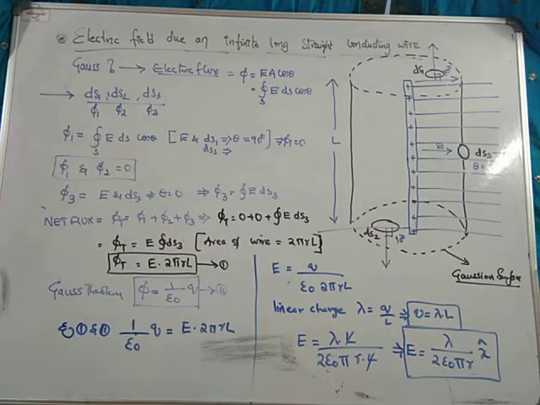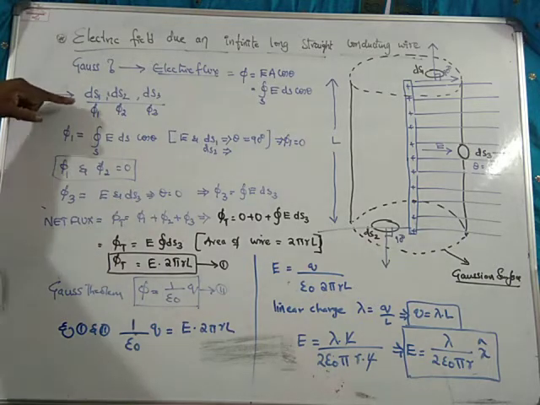So initially we consider a wire which has a positive charge, and we consider some imaginary surface around this wire that we call a Gaussian surface. On that Gaussian surface we consider three surfaces: ds1, ds2 and ds3.